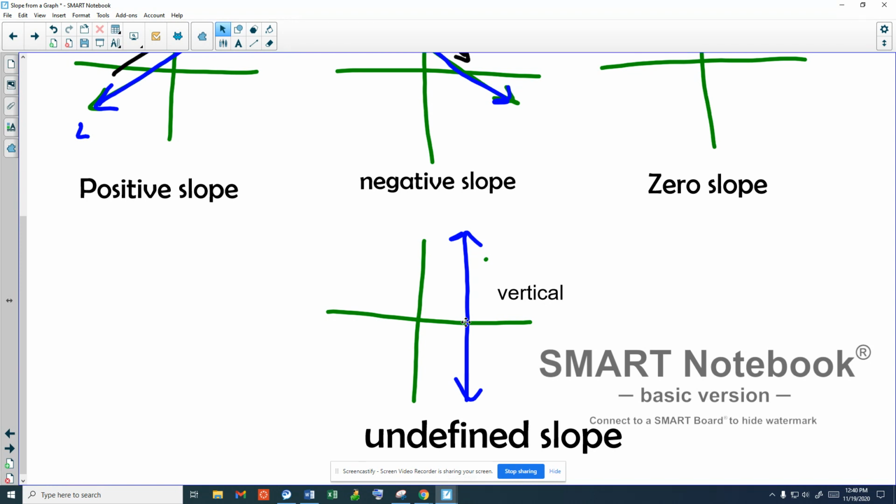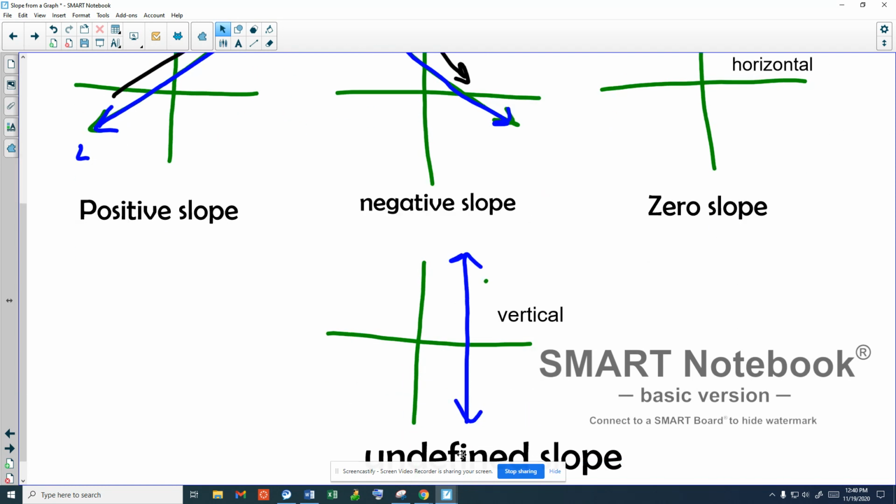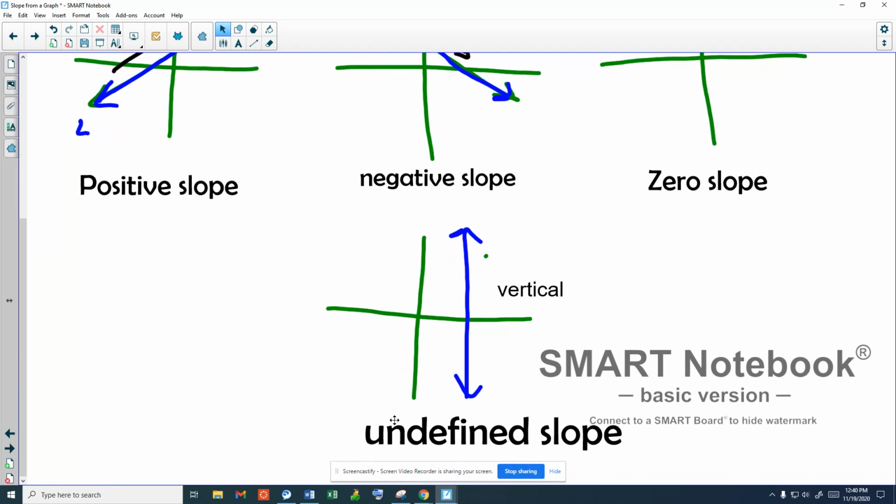So if we were to take from our previous video a slope formula, y2 minus y1 over x2 minus x1, when we subtract the x's because they're the same, we would get 0, which is an error in your calculator. So recap, positive slope from left to right going up the hill, negative slope down the hill. We have horizontal, that's the slope of 0, and a vertical line where the slope is undefined.